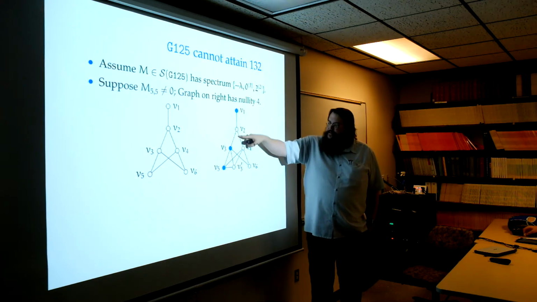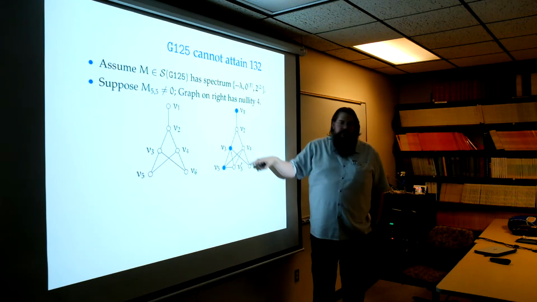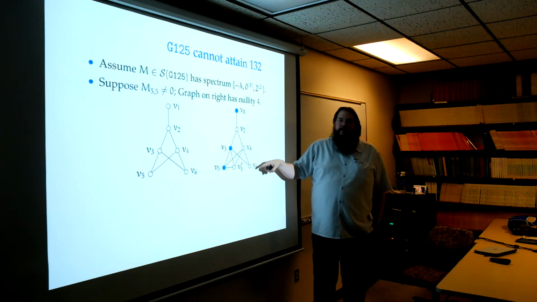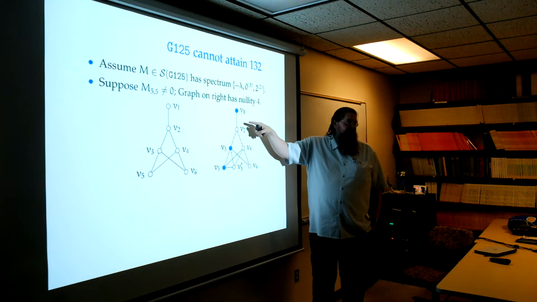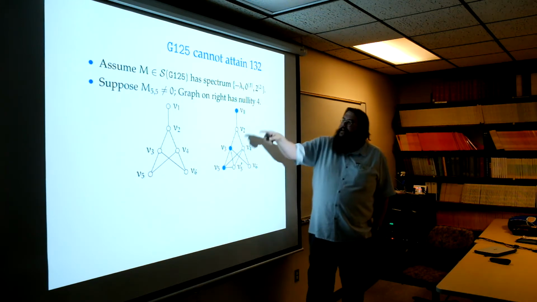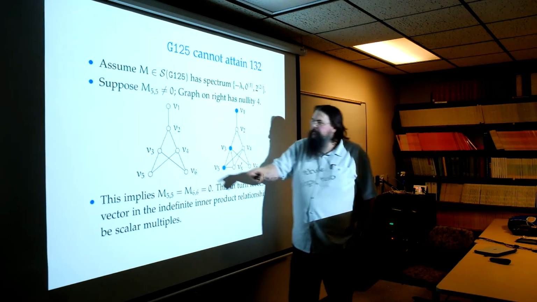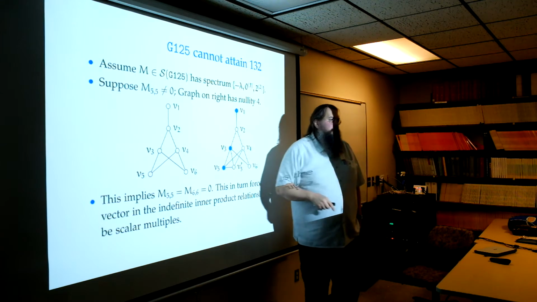So we can force down, and then you can force down, and you can force, and then you can force. So it would have nullity 4, but a zero forcing set of size 3, which is impossible. And so therefore, it has to be the case that M55 is 0. But if M55 is 0, M66 is 0 by symmetry.